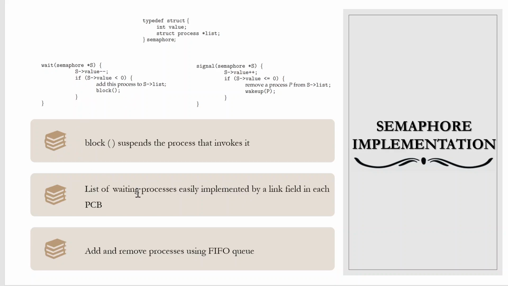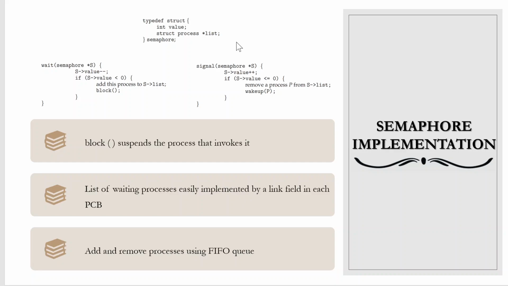The list of waiting processes can be easily implemented by a link field in each PCB, or process control block. Each semaphore contains an integer value and a pointer to the list of PCBs. One way to add and remove processes from the list so as to ensure bounded waiting is to use a FIFO queue, where the semaphore contains both head and tail pointers to the queue. In general, however, the list can use any queuing strategy. Correct usage of semaphores does not depend on a particular queuing strategy for the semaphore lists.